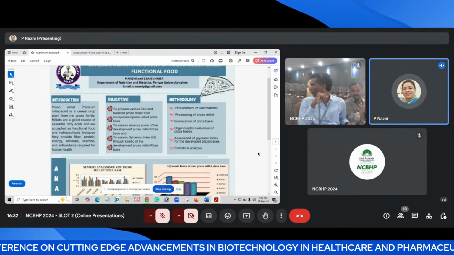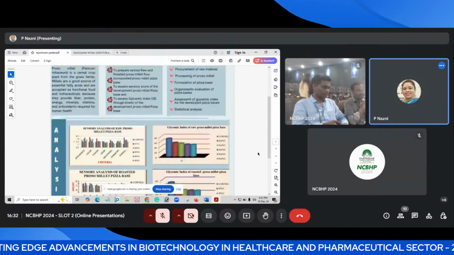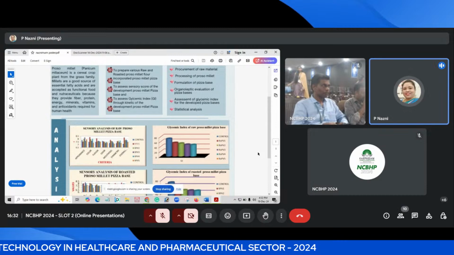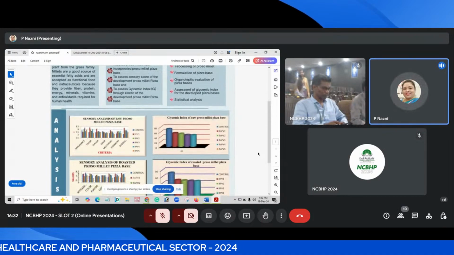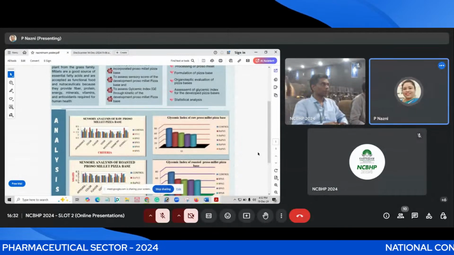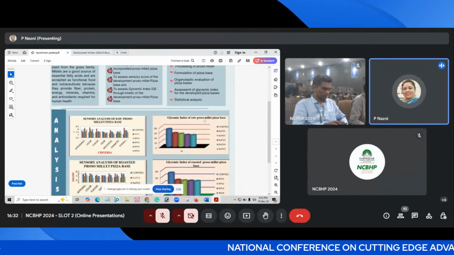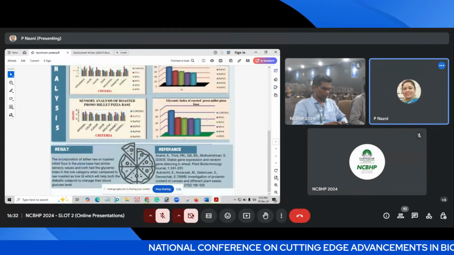In the analysis chart, we get good scores among the roasted and raw variations, such as in sensory evaluation, and a low glycemic index from the raw and roasted proso millet.